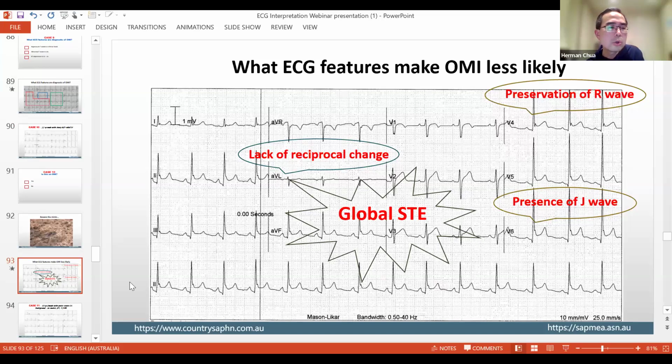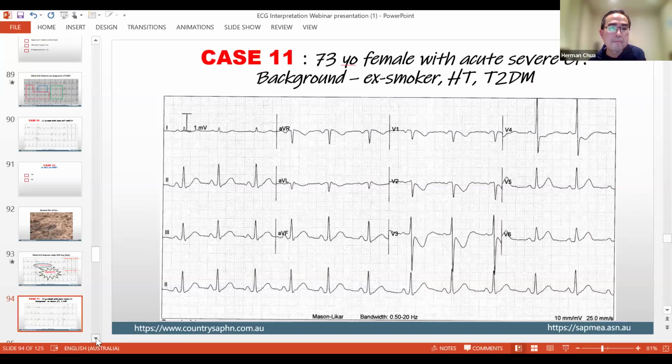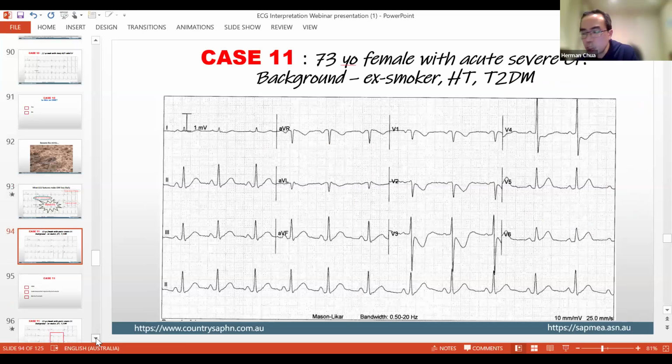I'm not going to talk a lot more about the mimics, except to say that there are mimics out there. Therefore, you need to hone your skill in recognizing changes of OMI, because there are a lot of mimics. So that's pericarditis.